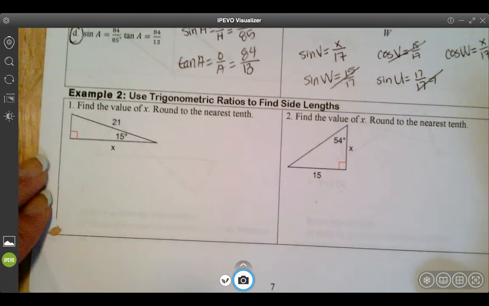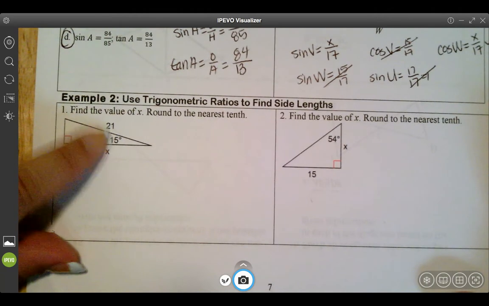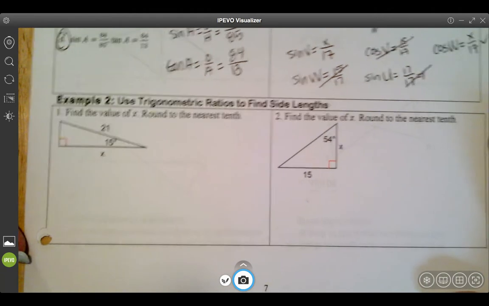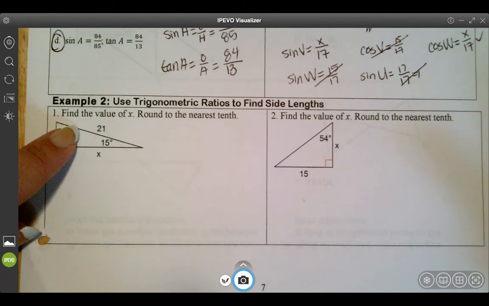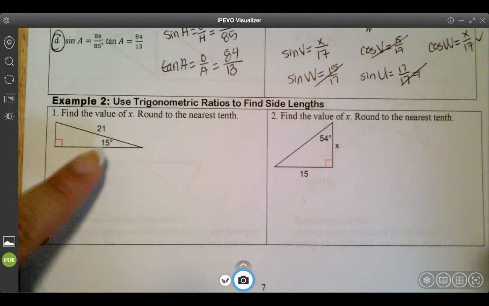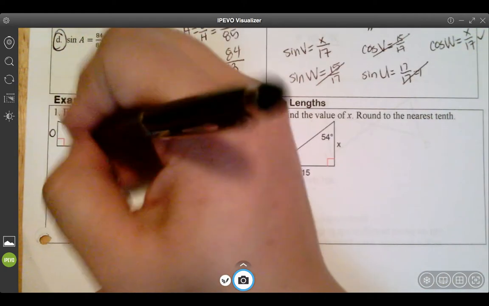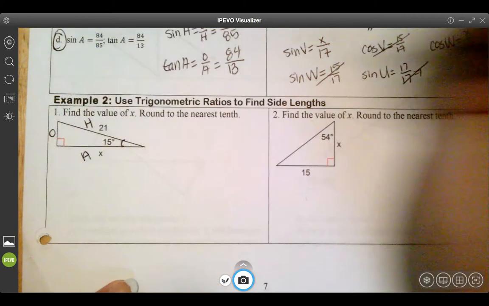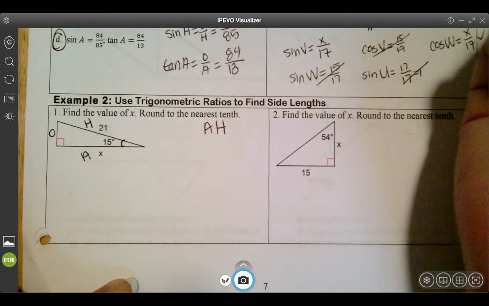For our next example, we want to use the fact that we have an angle measurement in order to find a missing side length. So again, we're setting up these ratios and solving for something. We want to find the value of x rounded to the nearest tenth. This is our reference angle. This would be opposite, adjacent, hypotenuse. So we want to know which one uses adjacent and hypotenuse.